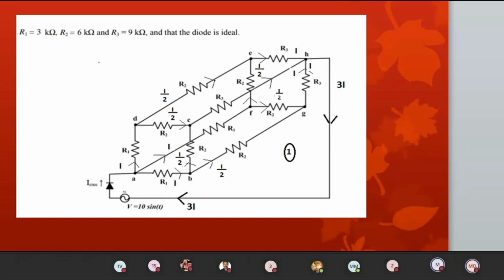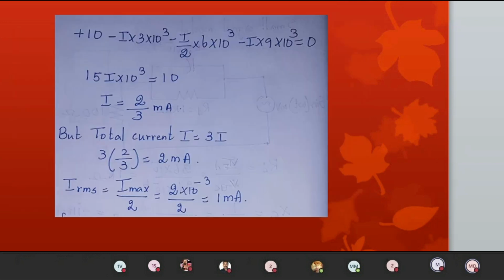Here the total current is not I. The total current entering the principal node is I plus I plus I, 3I. So 3 into 2 by 3, 2 milliamps. What is this current? It is nothing but the maximum current. What is IRMS? I max by 2. So 2 into 10 power minus 3 by 2, which is nothing but 1 milliamp. So the RMS value of the diode current is 1 milliamp.